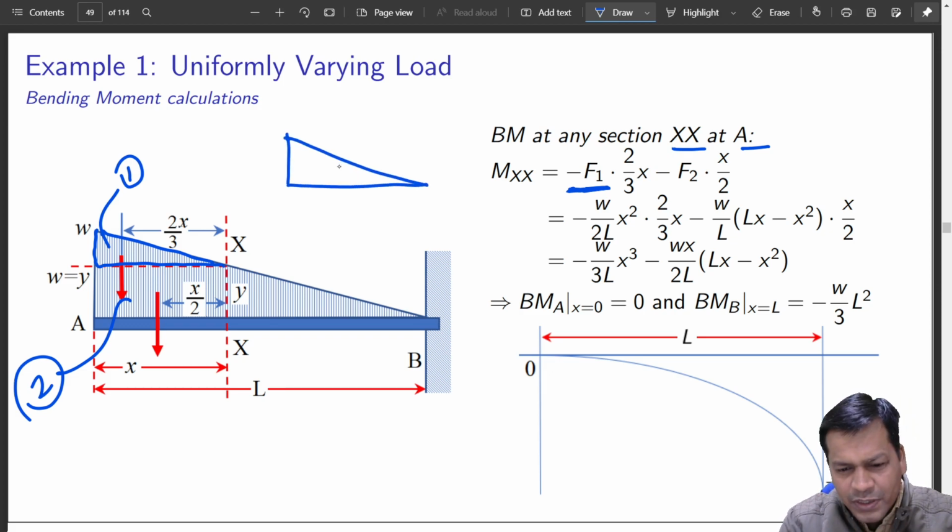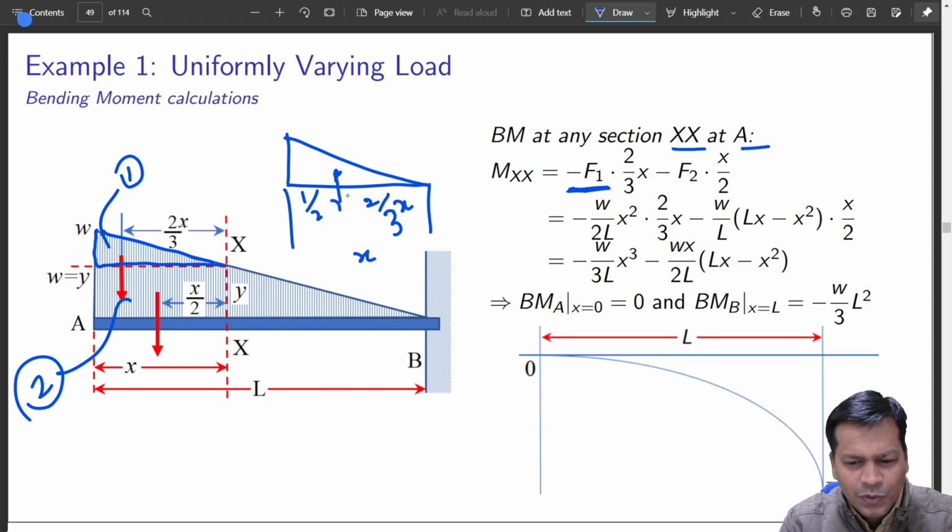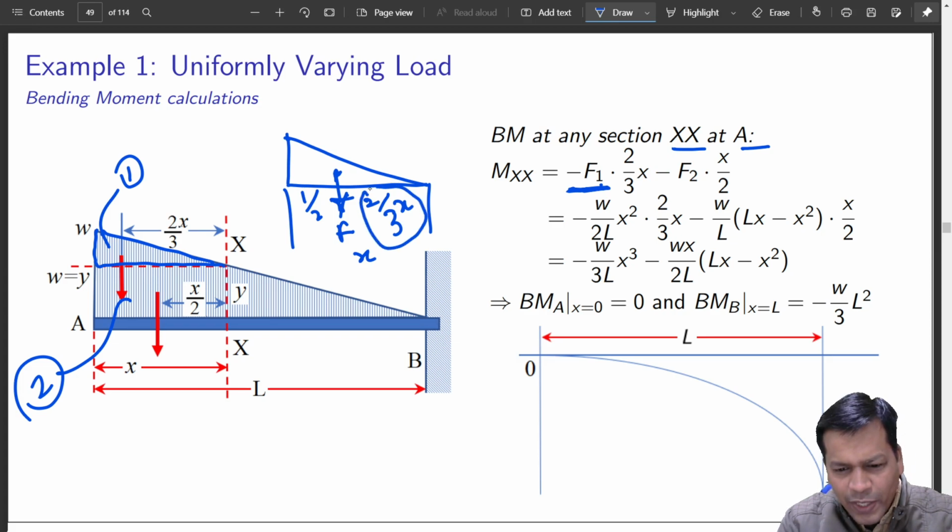Where is the centroid of a triangle? It is at 1 by 3 from the bottom or 2 by 3 from the top. If the whole of this is x, then this is at a distance of 2 by 3 times x. Hope this is clear. F1 is acting at this location, so effectively Mxx due to the first section is this.